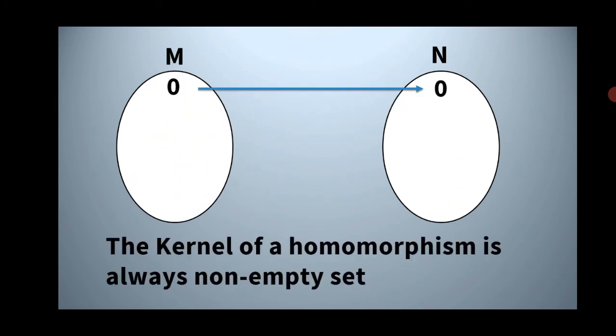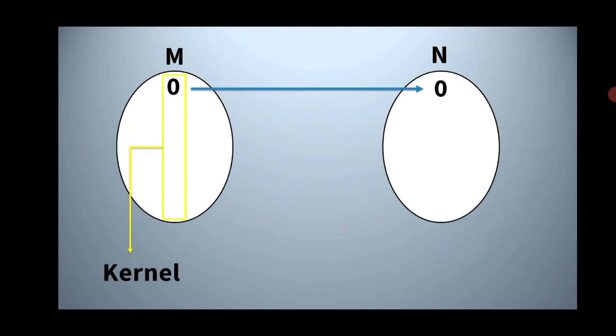Since the identity element of the first group always gets mapped to the identity element of the second group, the kernel of a homomorphism can never be an empty set. It must always contain at least one element, which of course must be the identity element of the first group.